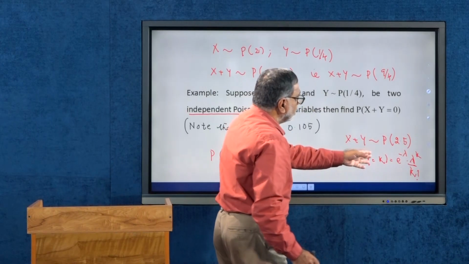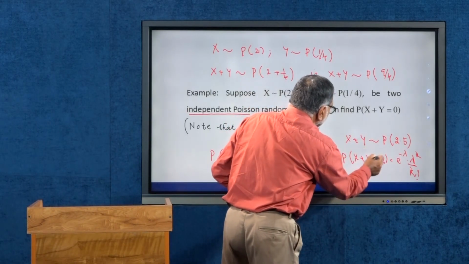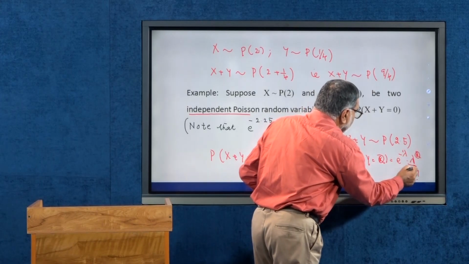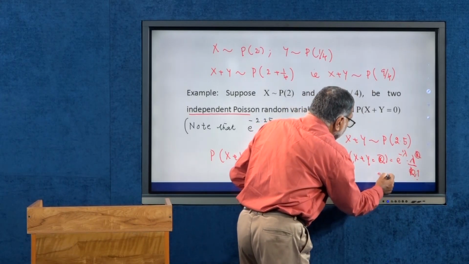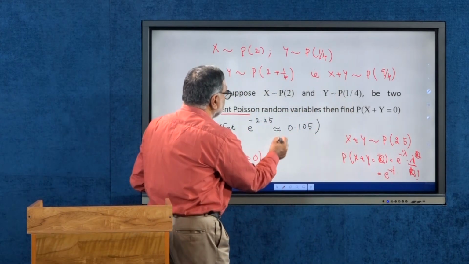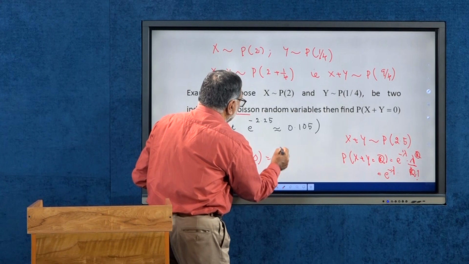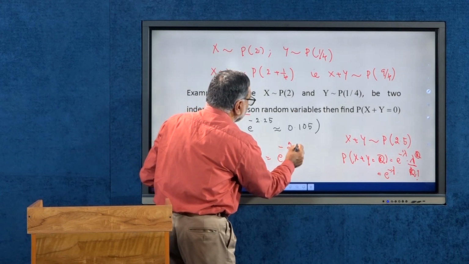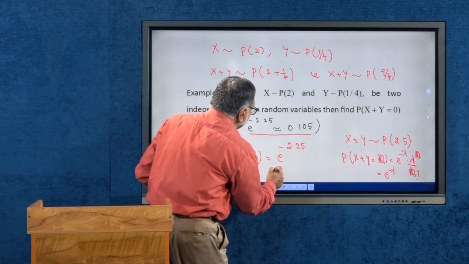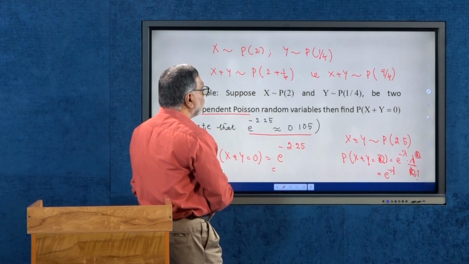Here k is 0. So, this is e power minus lambda lambda power 0 divided by 0 factorial, that is e power minus lambda, and lambda is equal to 2.25. So, this is equal to e power minus 2.25, which is approximately equal to 0.105.